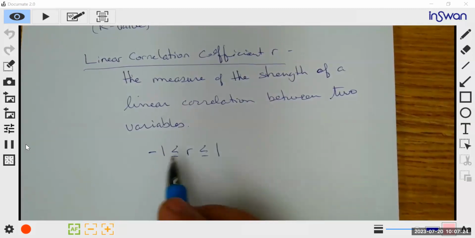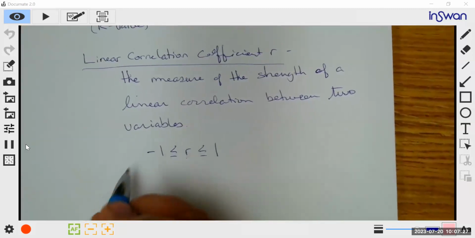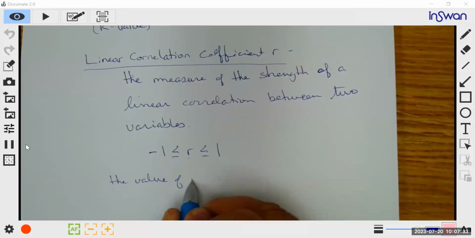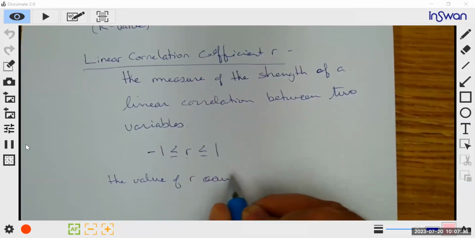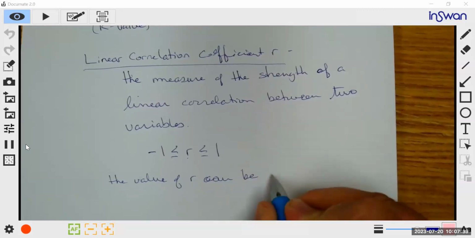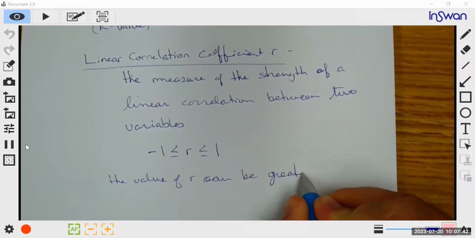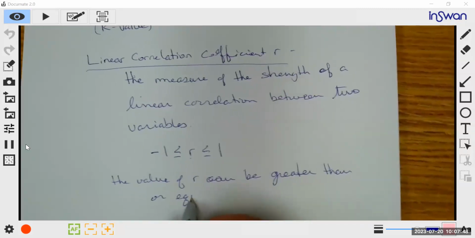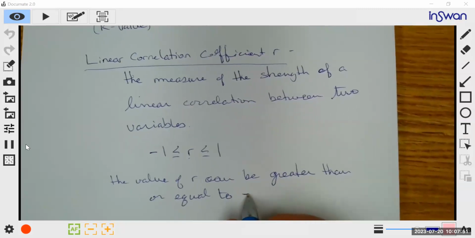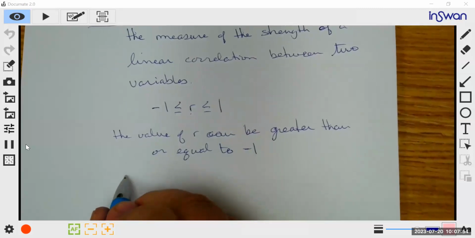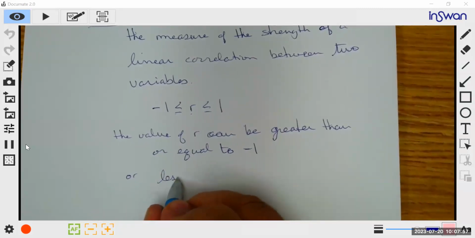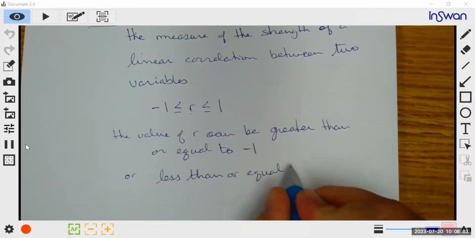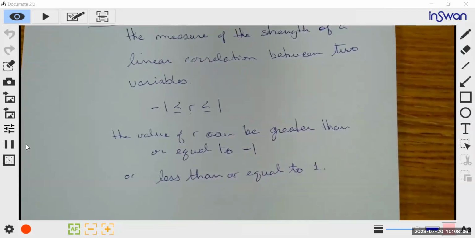What this says is R, the value of R, can be greater than or equal to -1 and less than or equal to +1.